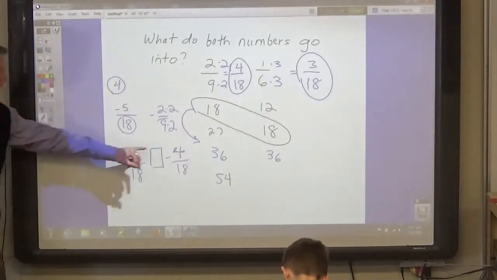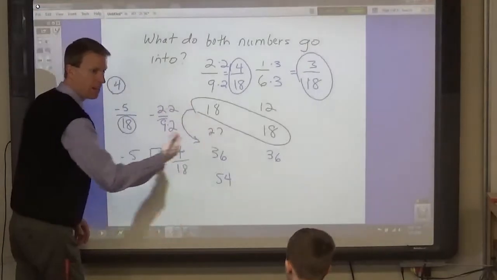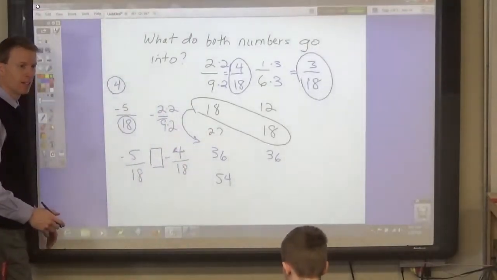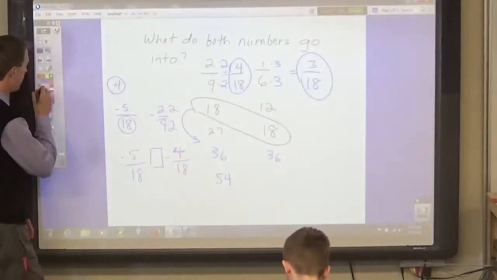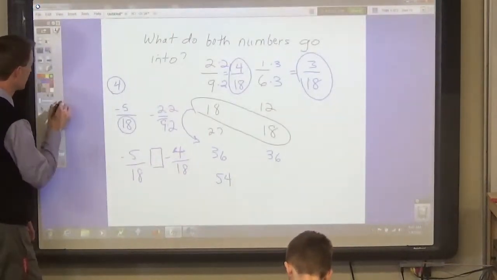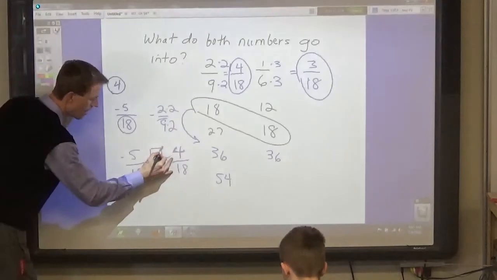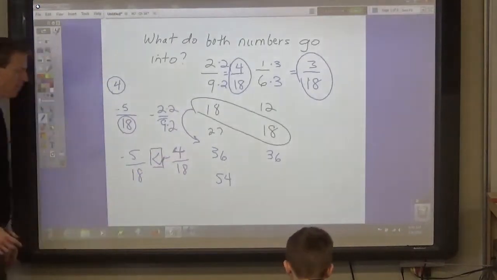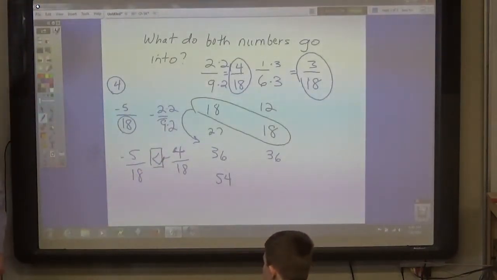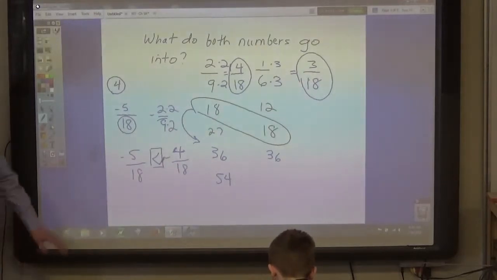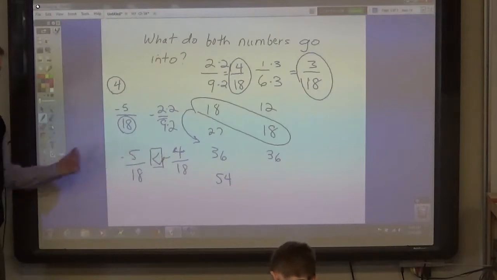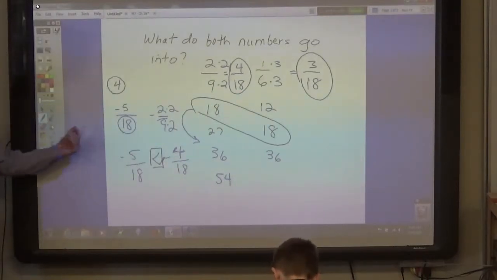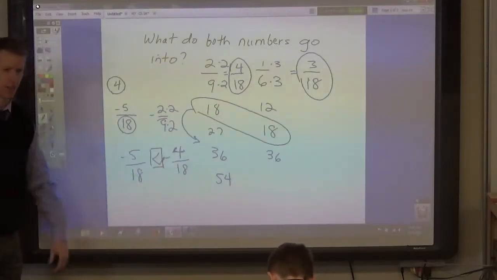Negative 4 is to the right of negative 5, and so negative 5/18 is less than negative 4/18. Be sure that you get that concept: negative 5/18 is to the left of negative 4/18 on the number line.